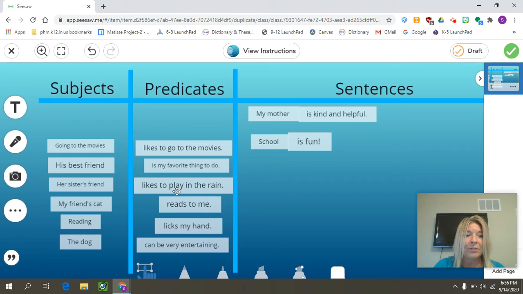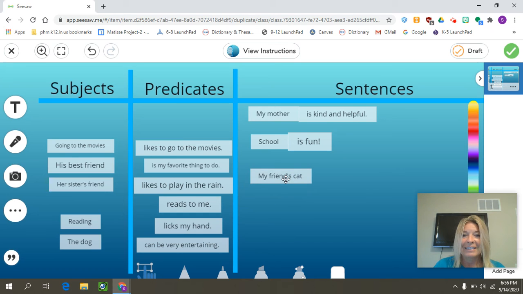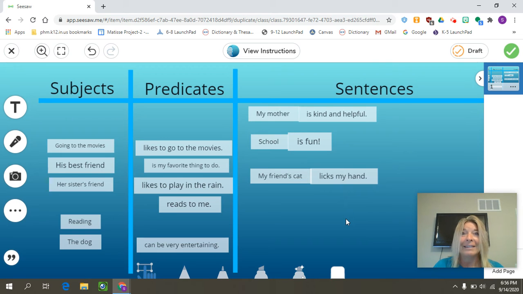Let's go with, oh, my friend's cat. That is the subject. This sentence is going to be about my friend's cat. And I think I'm going to pick the one I thought was the silly sentence, this predicate. My friend's cat licks my hand. That makes sense.